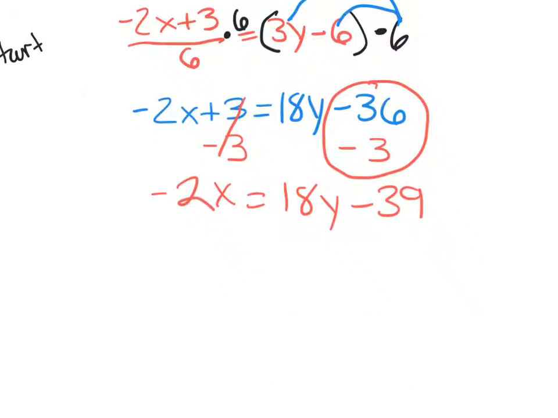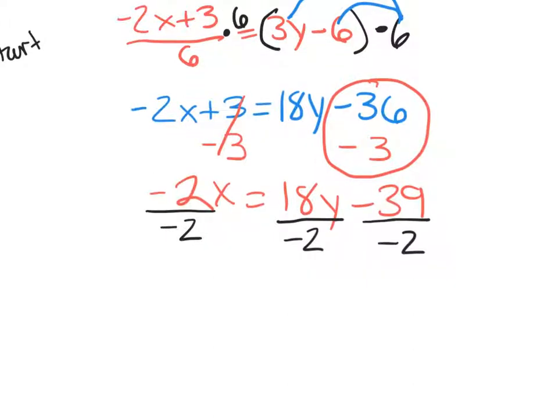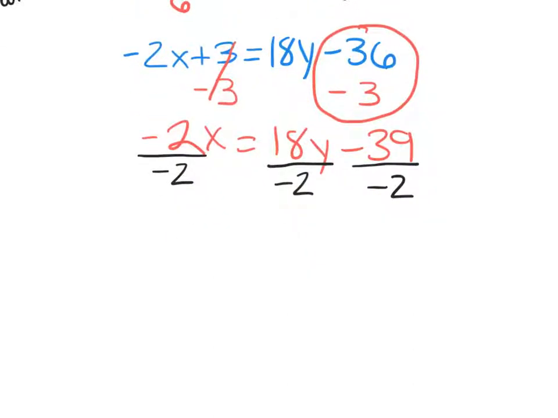And then we divide by negative 2. And everything gets divided by negative 2. 18y gets divided by negative 2. And the negative 39 gets divided by negative 2. So 18y divided by negative 2, we can do that 18 divided by negative 2, which would leave us with negative 9y.